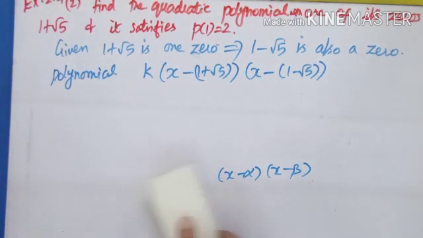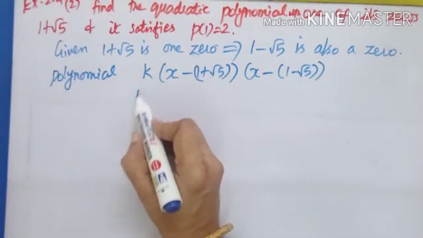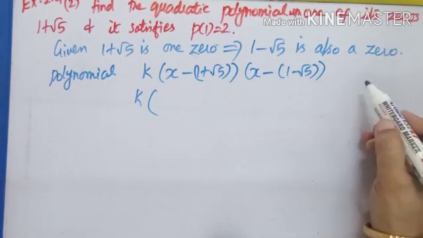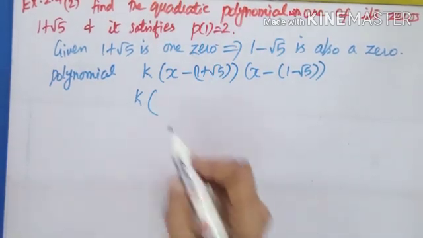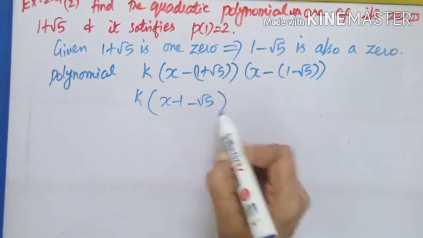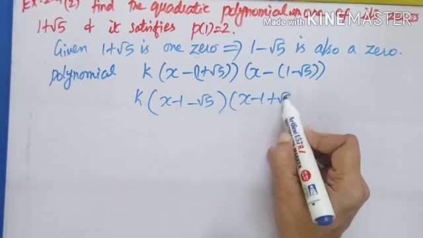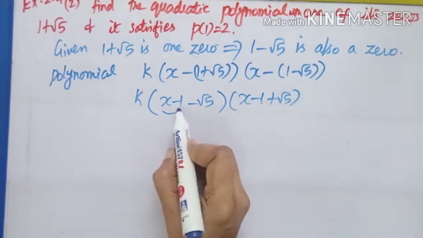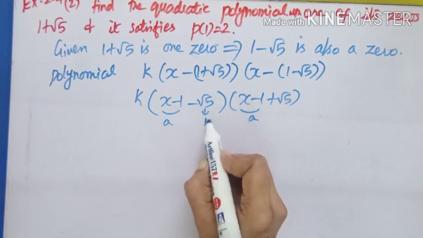Now we shall simplify this answer. I have k into, what pattern is this? The a plus b into a minus b model. Let me try to write it. x minus 1 minus root 5 into x minus 1 plus root 5. So this is a and this is b.